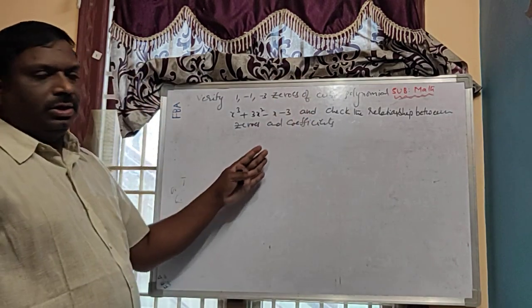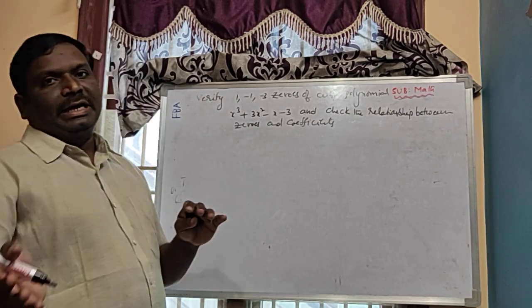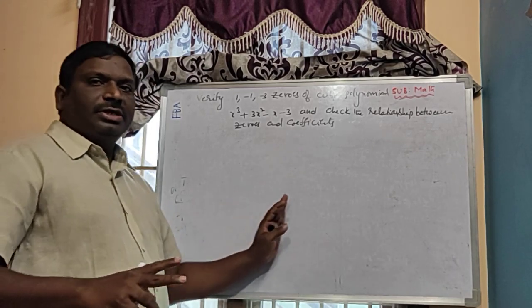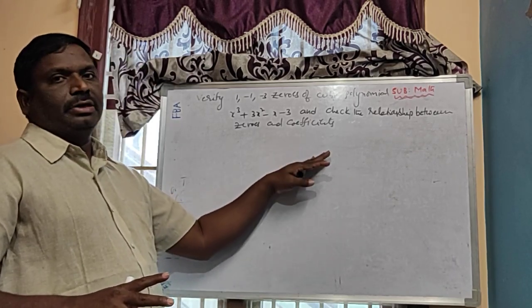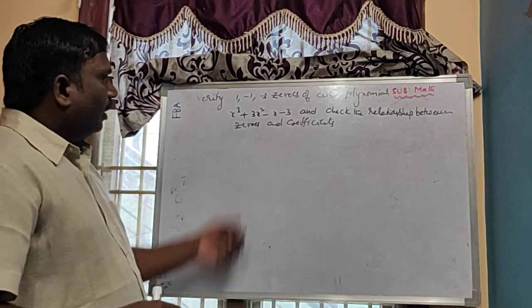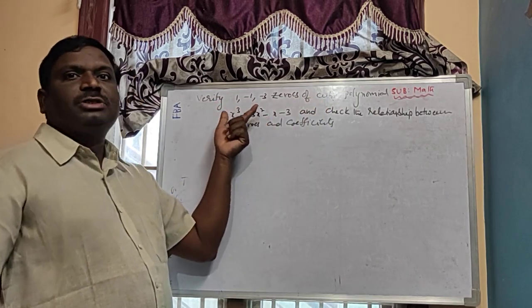Already I explained how to take the zeros and coefficients. Sum of the zeros is minus b by a, sum of the product of any two zeros is c by a, and product of the zeros is minus d by a. By using those three values, we can verify. Already they gave the 3 zeros of this cubic polynomial. Sometimes they will not give.